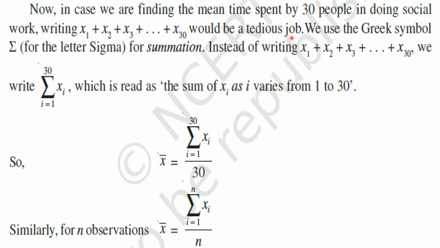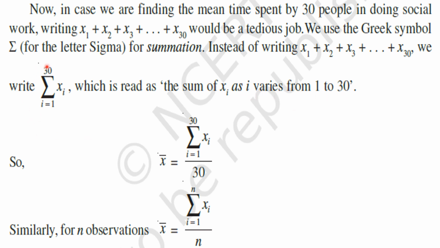We use the Greek letter sigma. This notation is called sigma for summation. Summation is total. Instead of writing x1 plus x2 plus x3 plus and so on plus x30, we write sigma i is equal to 1 to 30 xi, that is the sum of the 30 observations, which is read as the sum of xi as i varies from 1 to 30.